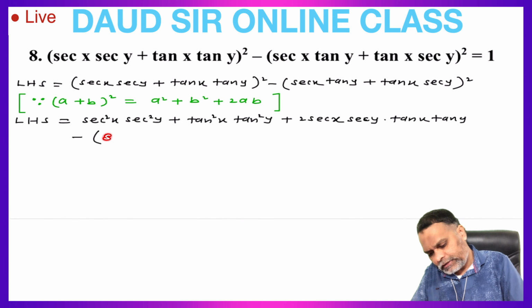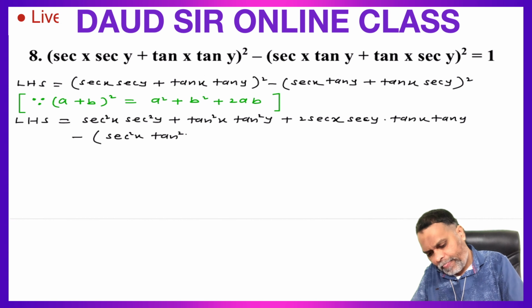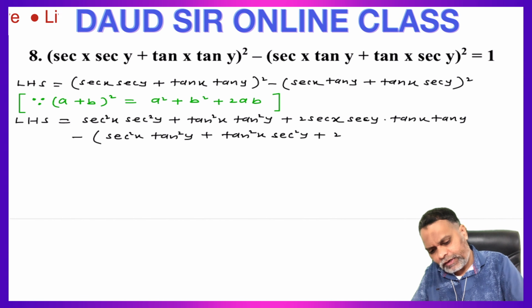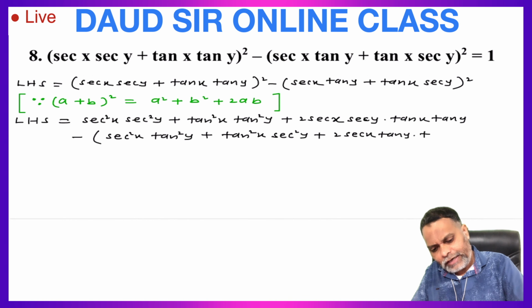So sec square x tan square y plus b square, so tan square x sec square y, plus 2ab, 2 sec x tan y into tan x sec y.